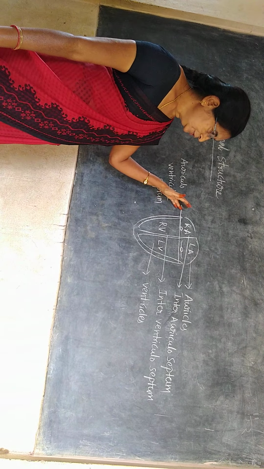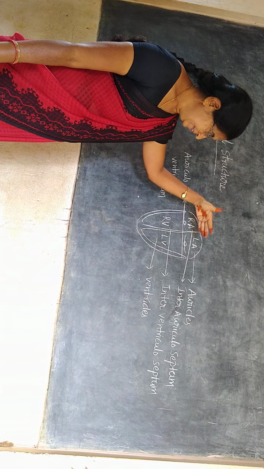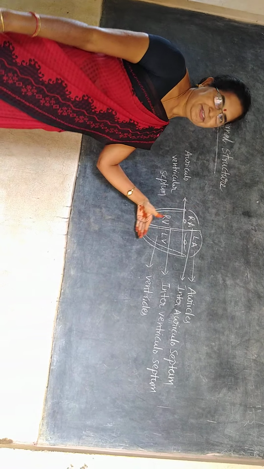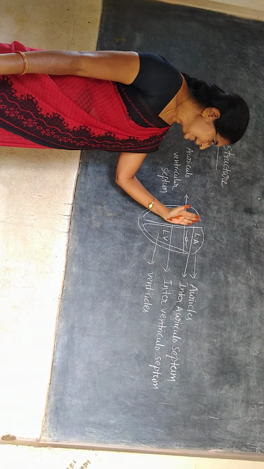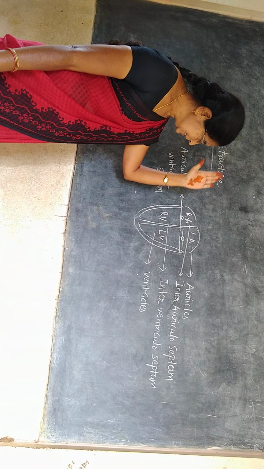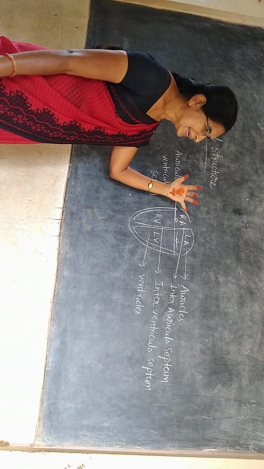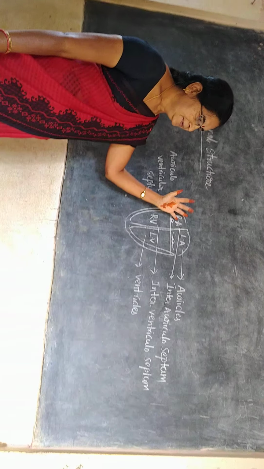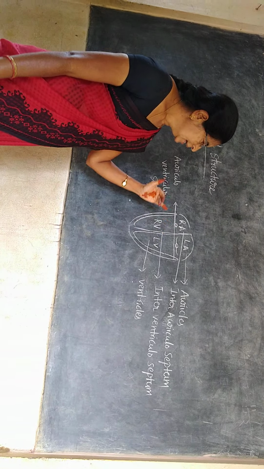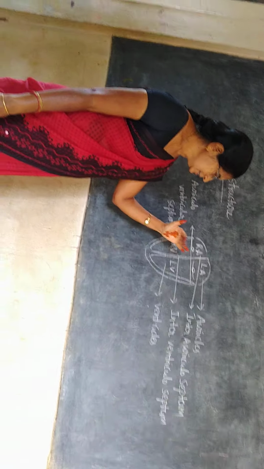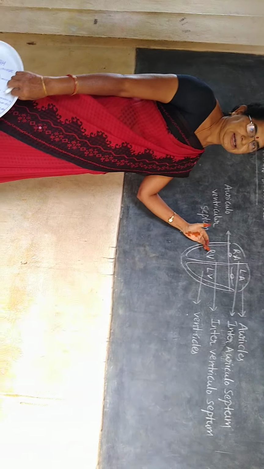This helps to divide the auricles and ventricles. Interauriculoseptum will divide the left and right auricle, whereas interventriculoseptum will divide the ventricles into left ventricle and right ventricle.